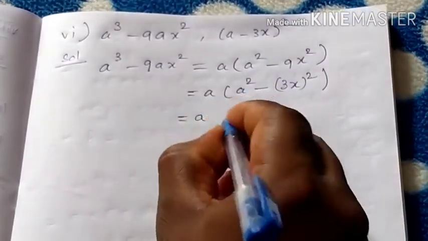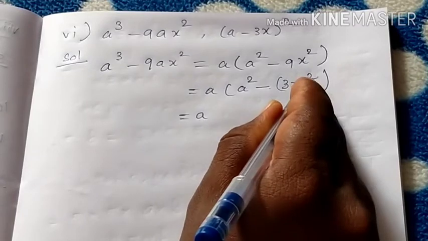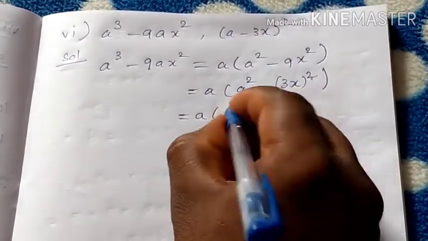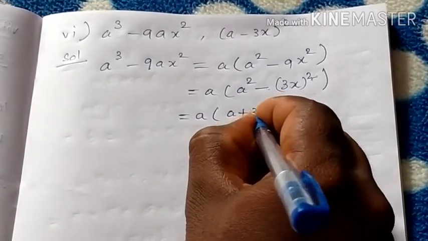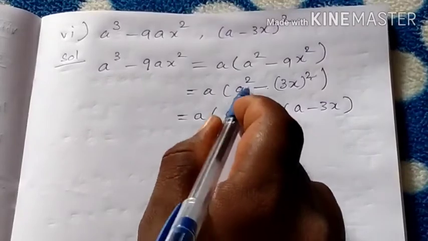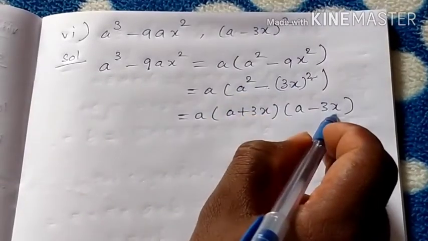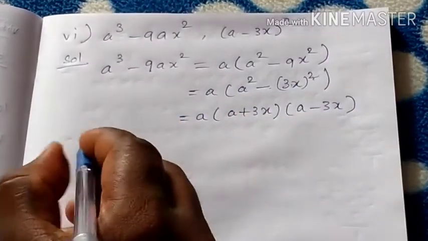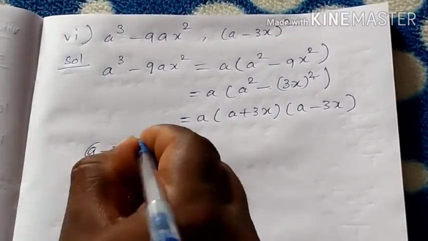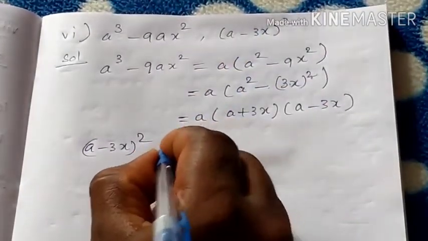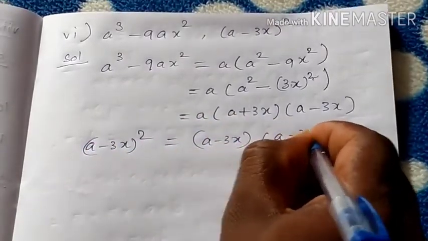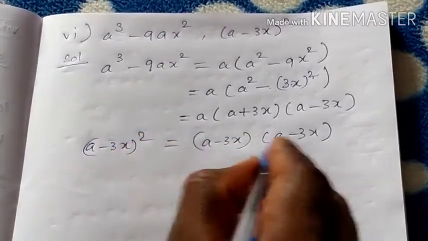Now we get a squared minus 3x squared. This looks like a squared minus b squared, so using the formula a plus b, a minus b, where a is a and b is 3x. That's all the factors. Next, consider the second term, a minus 3x the whole squared, which equals a minus 3x into a minus 3x.